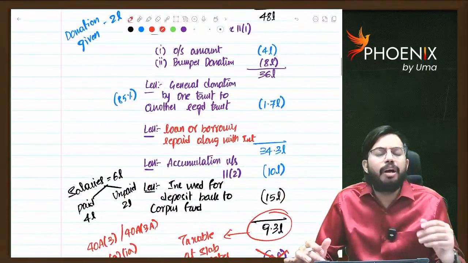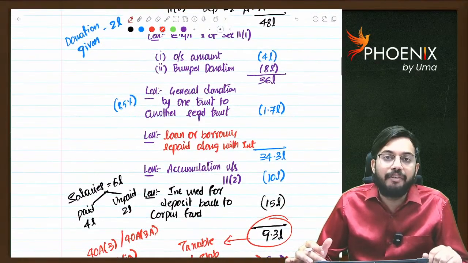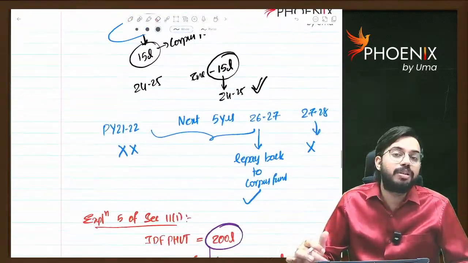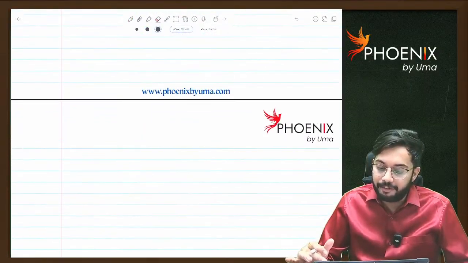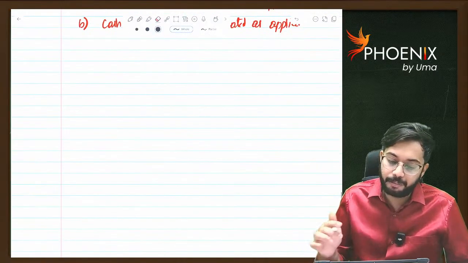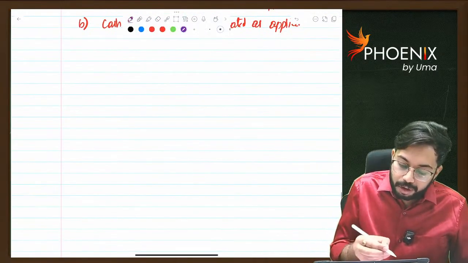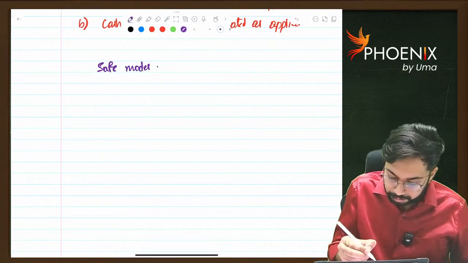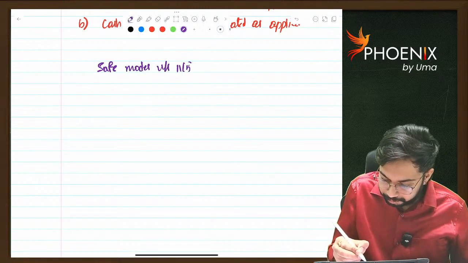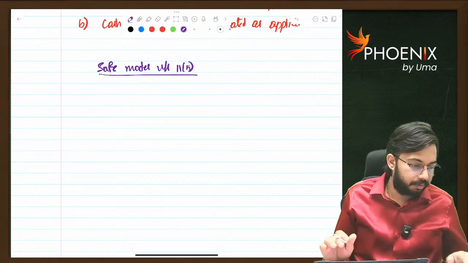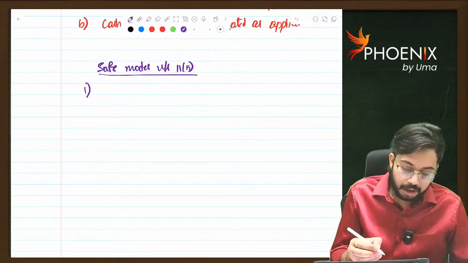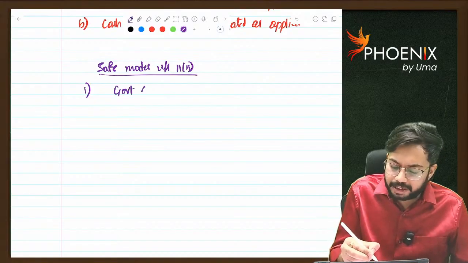Sir, till now you are saying safe modes under section 11(5). What are all the various modes that are covered under section 11(5), that we will discuss. So, safe modes under section 11(5). See, government certificates.